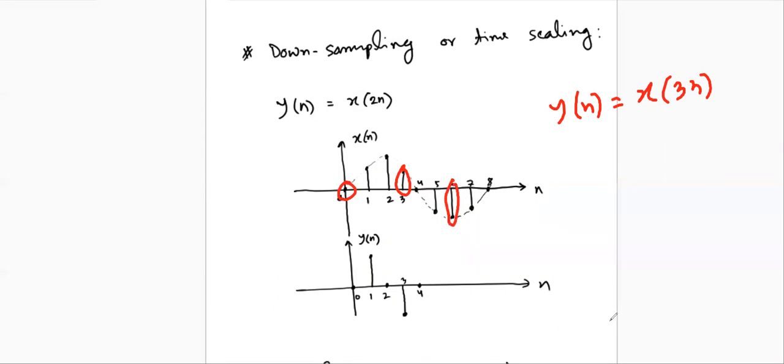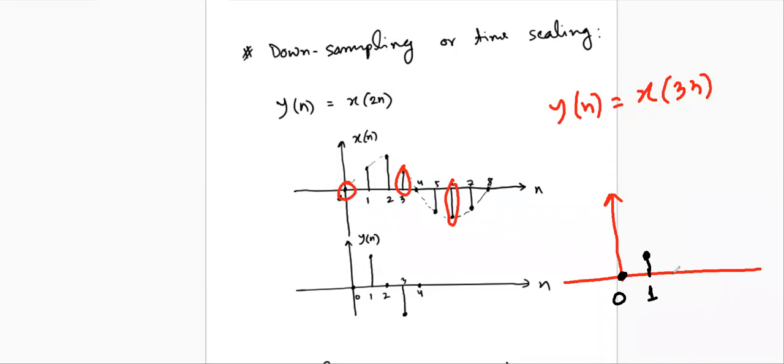And in that case, if I draw that, how it looks like, try to understand it. It looks like the 0th sample will survive at the 0th location. The 3rd sample will be survived at the 1st location.